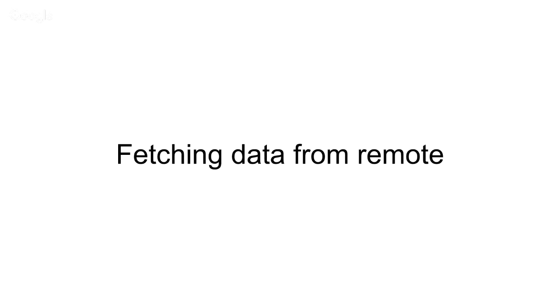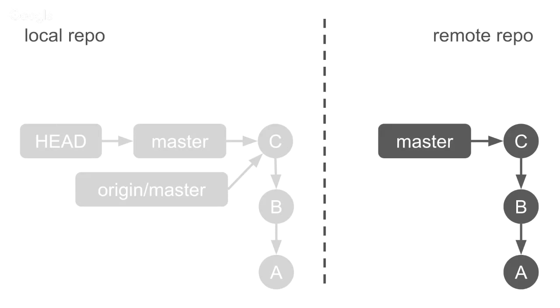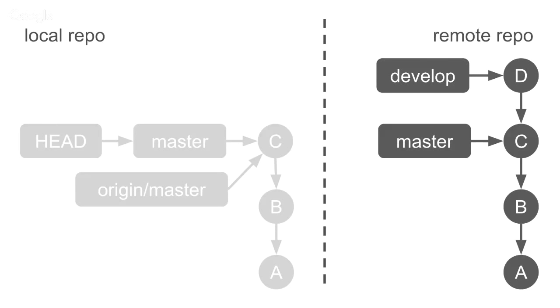Let's say on the remote someone added a new commit into a new branch. When that happened, it's important to remember that our local repo doesn't know about this change, and git pull, being on master, will not get this information, as git pull would only get the data from the master branch on the remote.